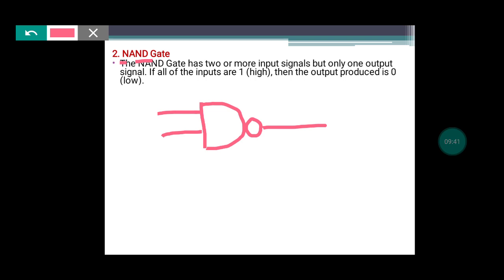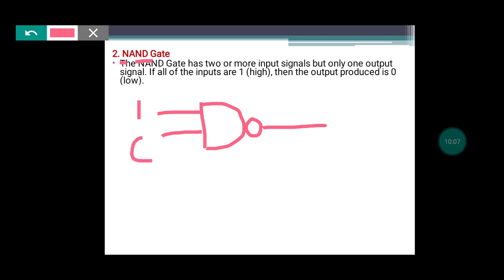So how is the behavior of this gate? If all the input signals are high, see, one input signal is X, that is 1, another input signal is high, means both input signals are high, then only the output is low. Yes, this is opposite of the AND gate. What about the other combinations then?